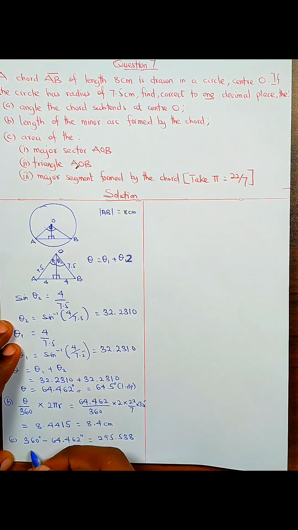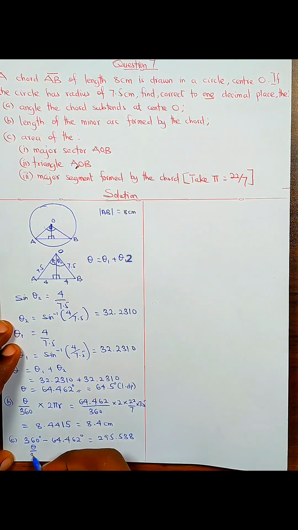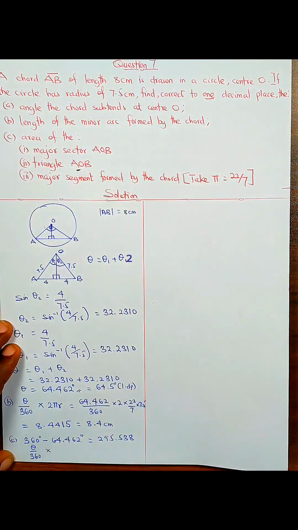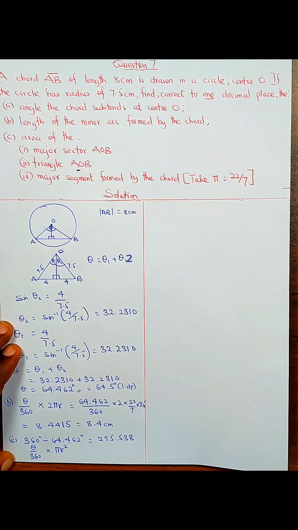We are also going to use the same formula, theta over 360, because you are finding the area, times pi r squared.